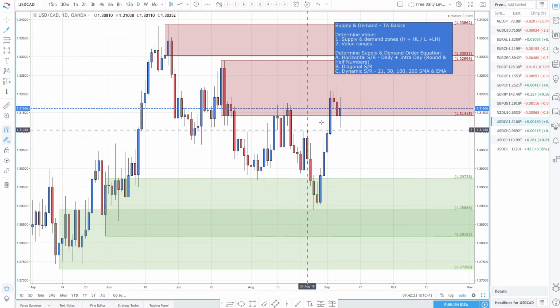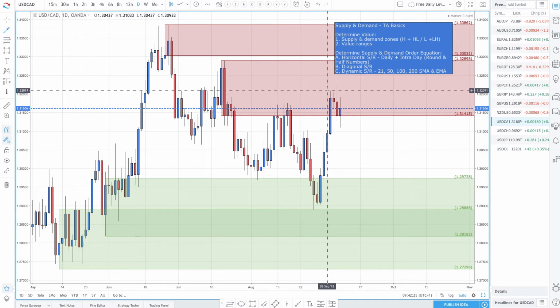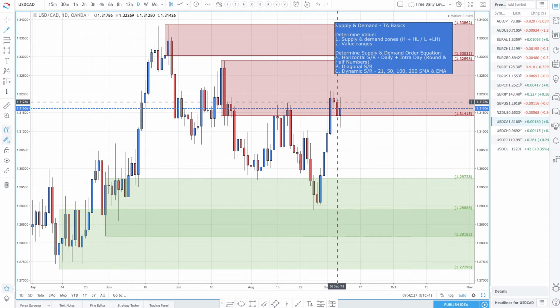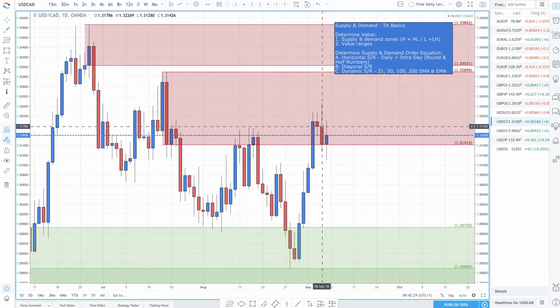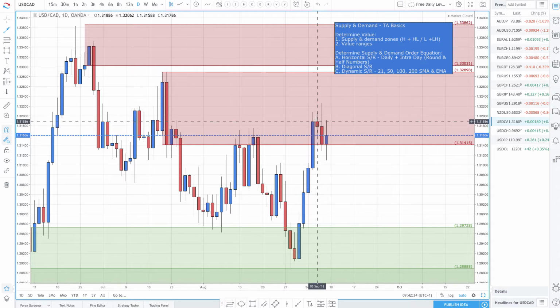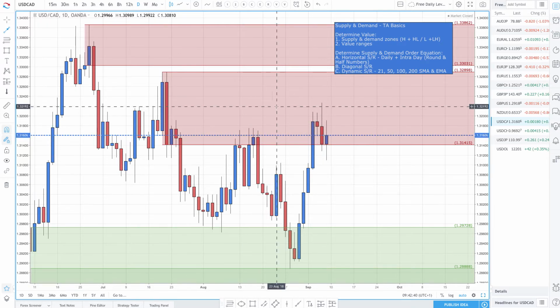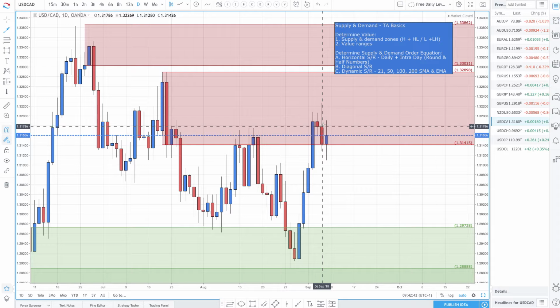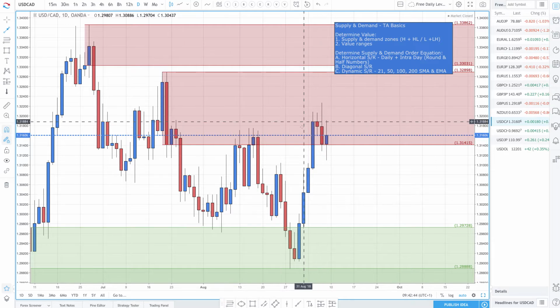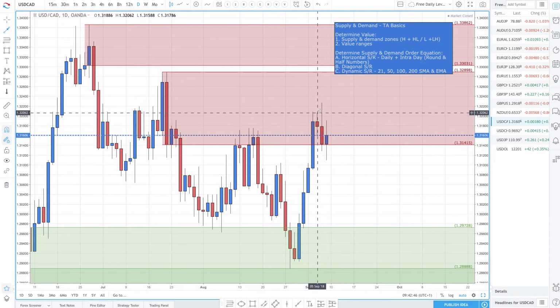The dollar CAD, we've come up into this supply zone here, putting in this nice outside candle. But at the moment, the CAD is suffering from some negative sentiment. Fundamentally, it's pretty decent, but against the US dollar, do you really want to buy the CAD? Might not be the smartest idea when it comes to fundamentals.